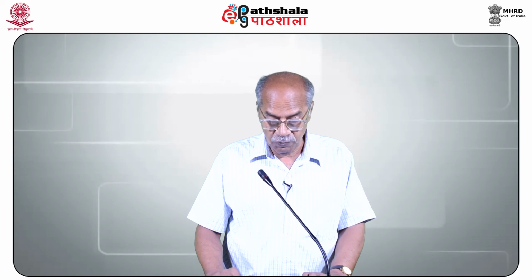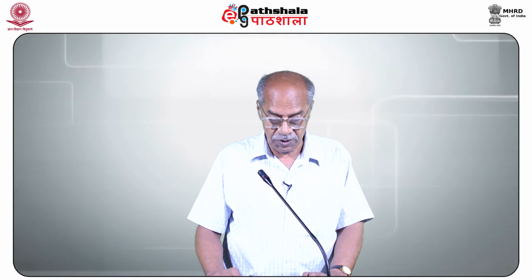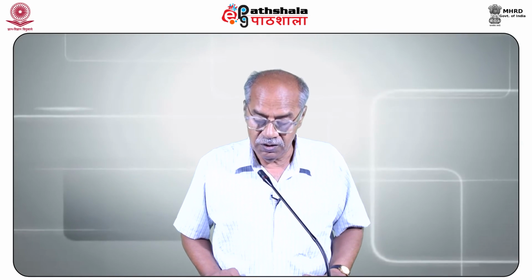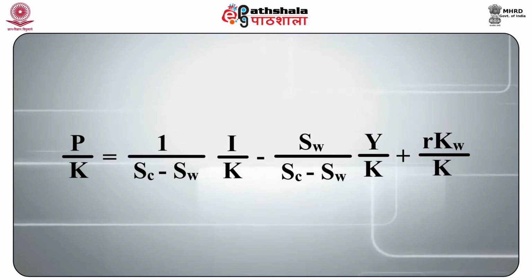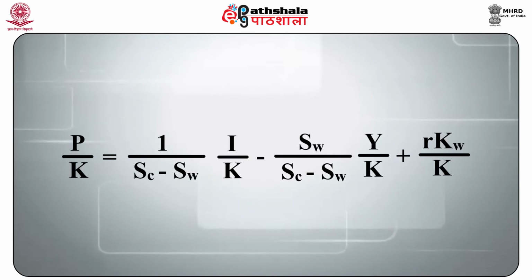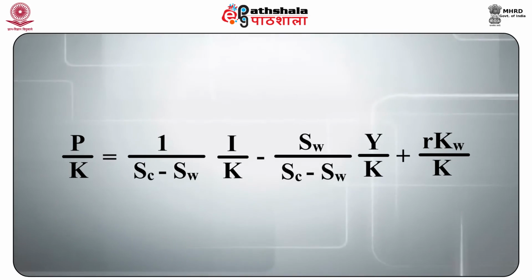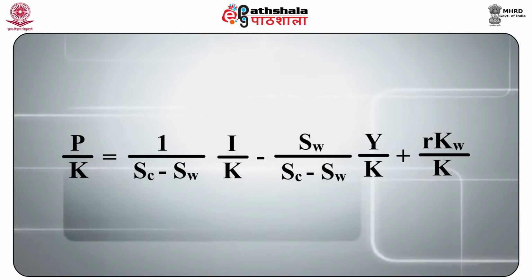Writing KW for the amount of capital that workers own indirectly through loans to the capitalists, and R for the interest rate on these loans, we obtain P upon K as equation 12. This is simply equation 11 where we have added R times KW upon K to the right-hand side.